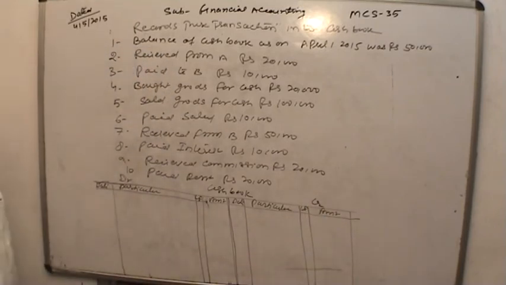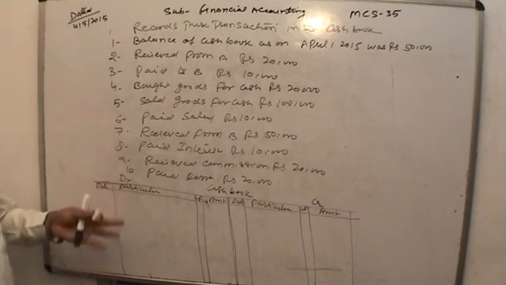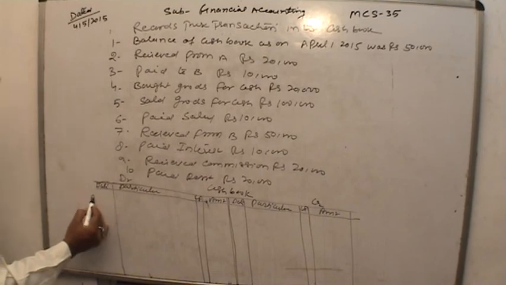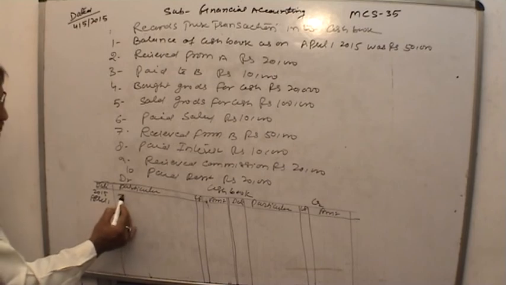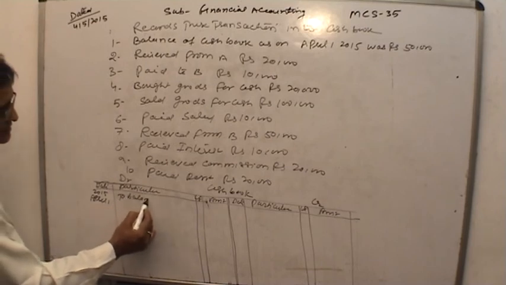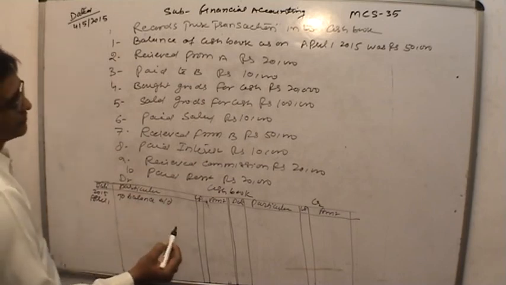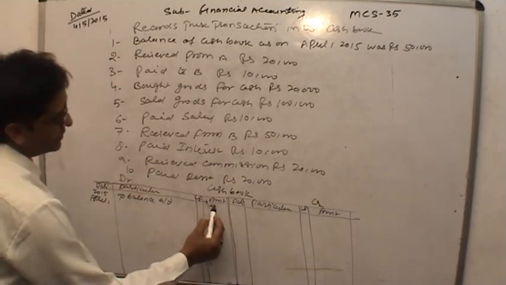Now, first transaction, balance of cash book as on 1st April 2015. After that, these transactions occurred in the organization. So, April 1st 2015 to balance b/d 50,000 posted into cash.